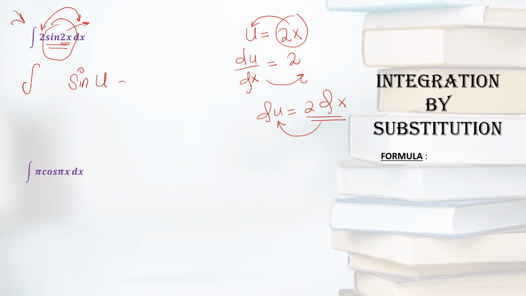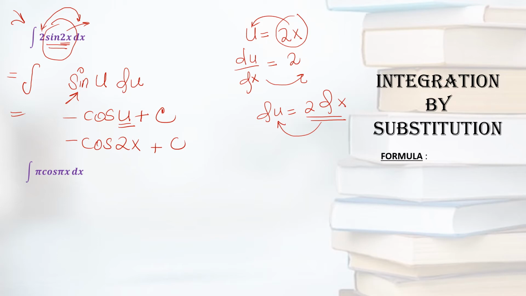We always write the du at the end of the integrand, after the integral sign. Now after that, it is simple. Sine u. What is the antiderivative of sine? That is negative cosine u plus c. Now change the u into 2x. So you can write negative cosine 2x plus c. Hope you will find this so easy.